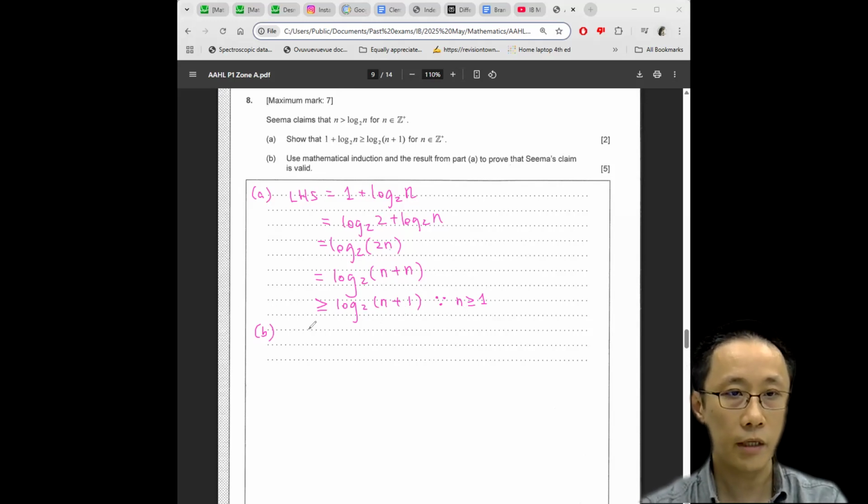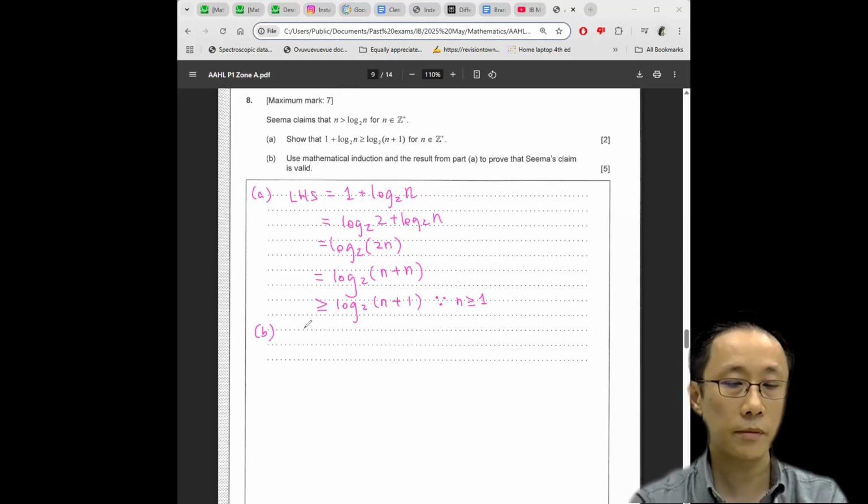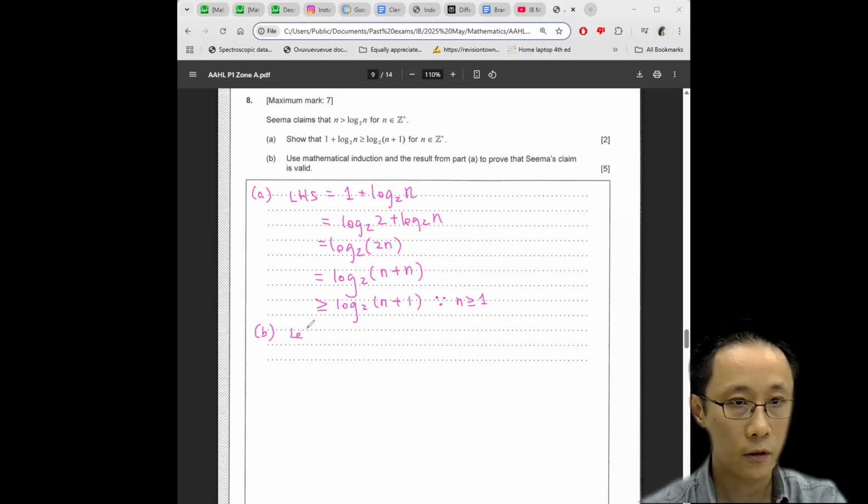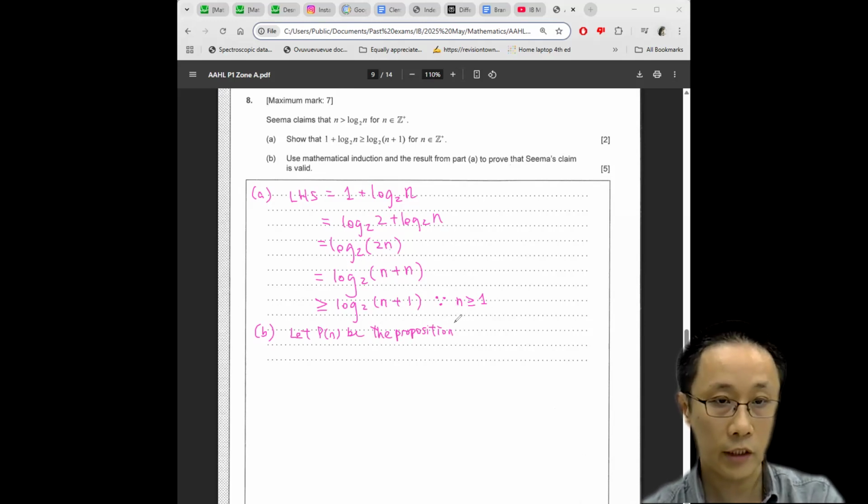So part B, using mathematical induction to prove the original statement, n bigger than log to the base 2 of n. So standard format for constructing an induction proof. Let Pn be the original proposition.